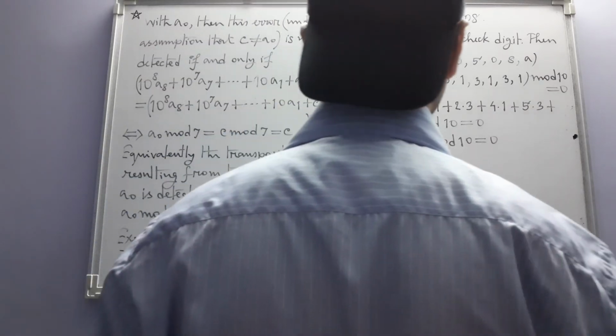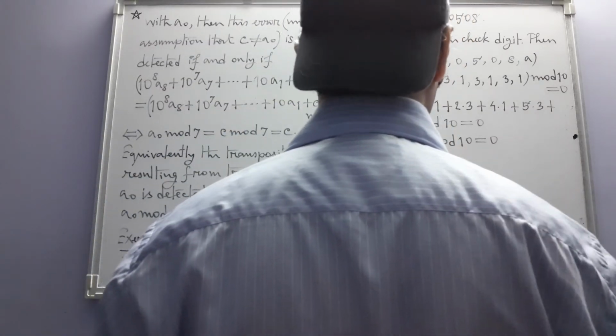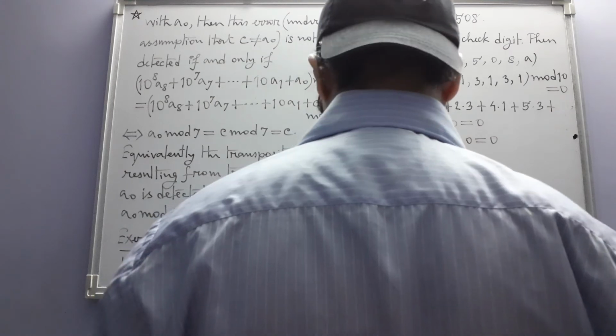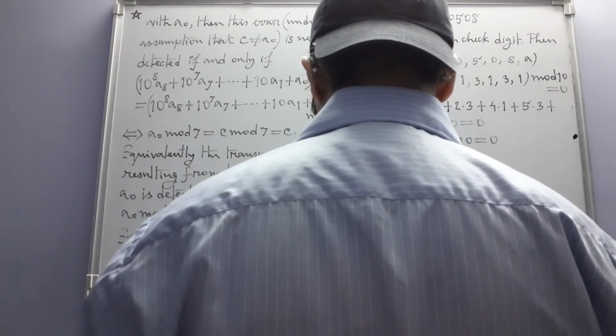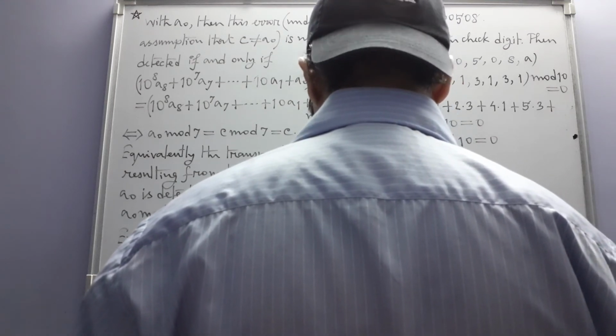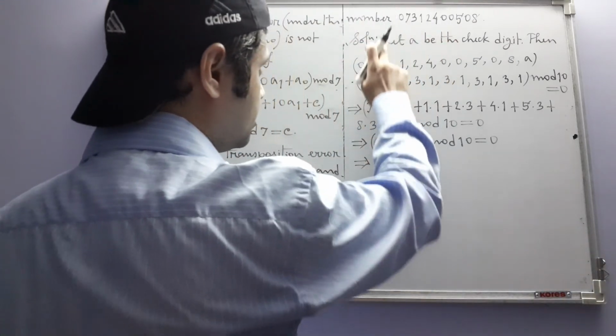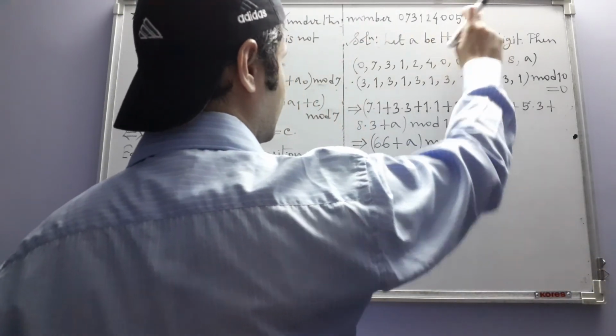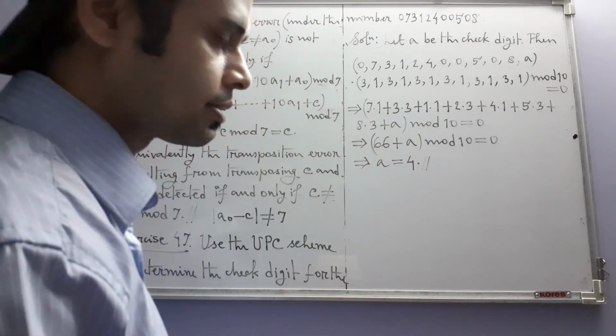So this is the check digit 4. So in the UPC scheme, this number will be appended with 4, that extra check digit.